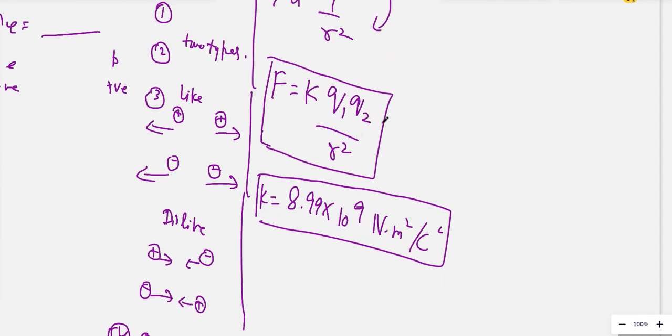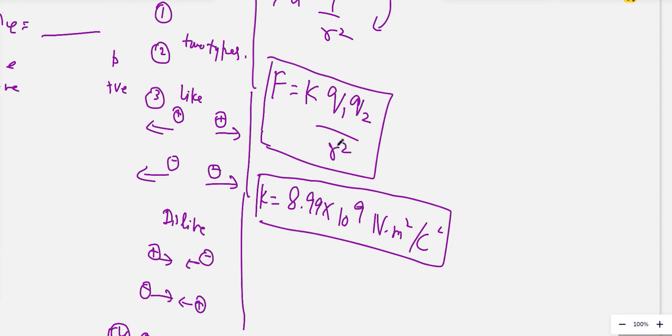So this equation is called Coulomb's law, and the parameters or values which we are going to use are: k, which is constant, and its units are also written over here; q1 is the value of the first charge, in Coulomb; q2 is the value of the second charge; and r will be the distance between them.